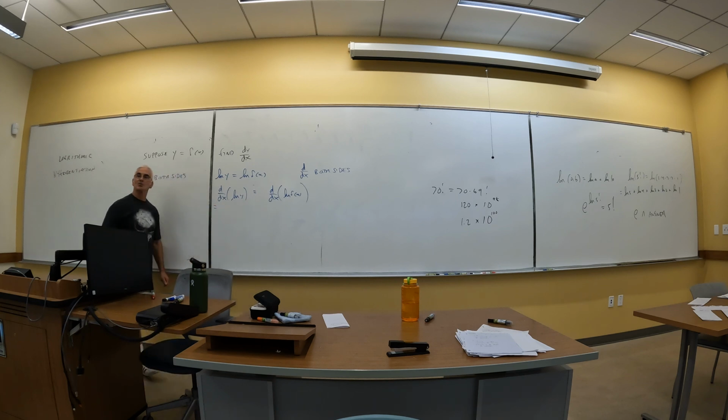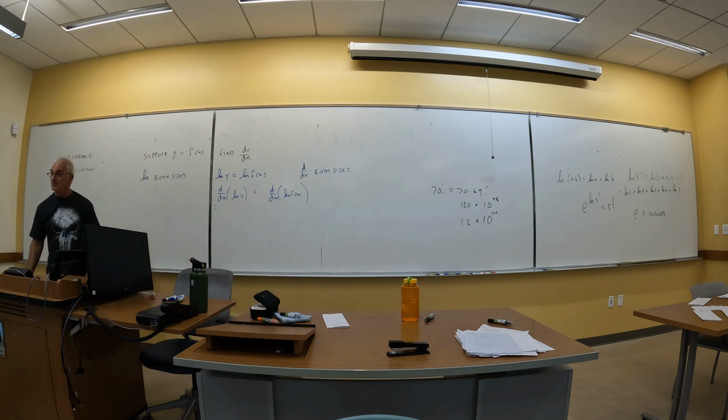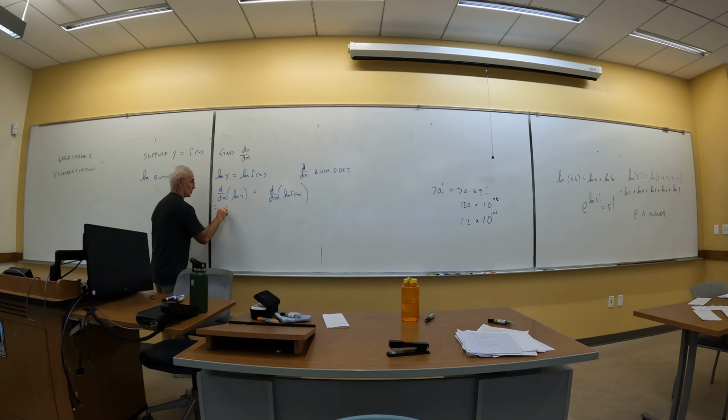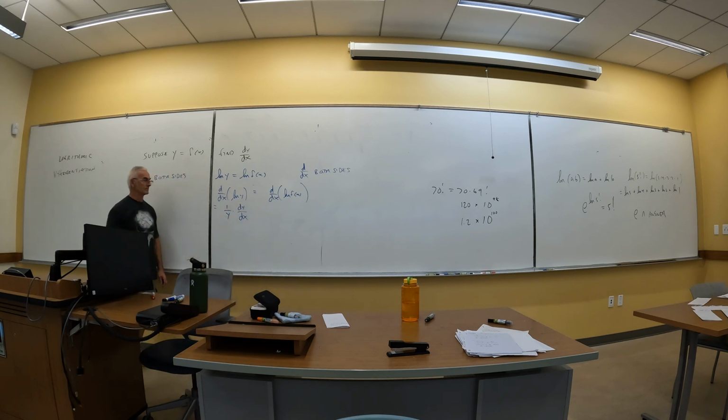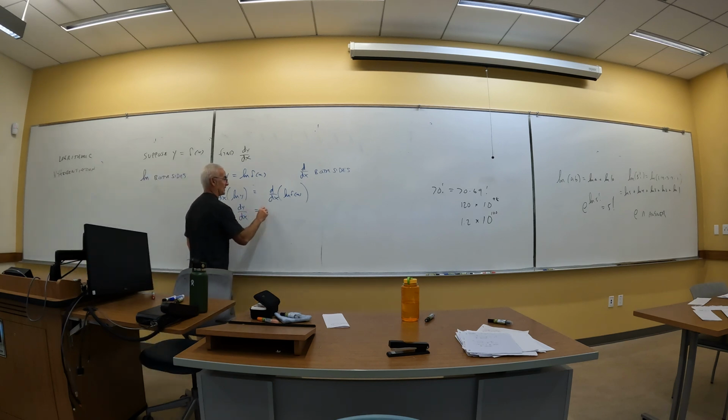Now, we learned last day the derivative of the log of a function is 1 over the function times the derivative of the function. And so the derivative would simply be dy/dx over y. That's the left side. The right side, well, same thing. 1 over the function times the derivative of the function.